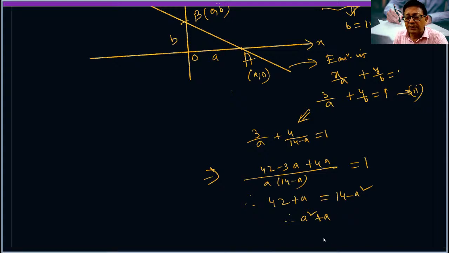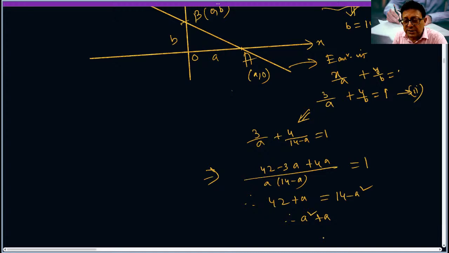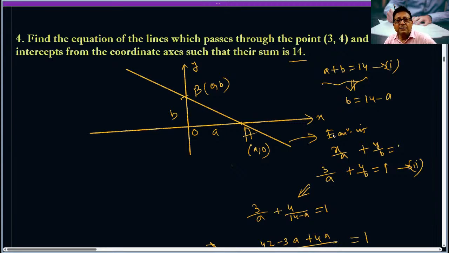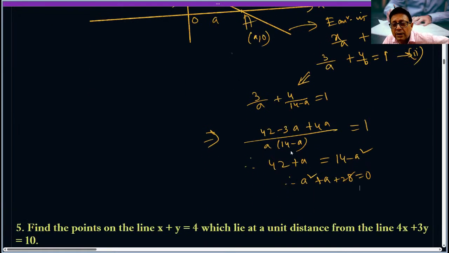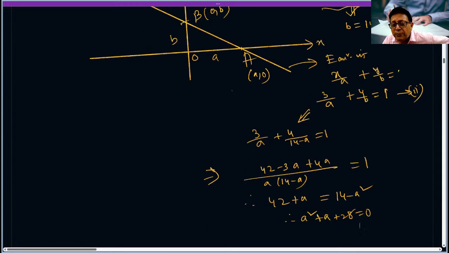Some mistake is there. Definitely some mistake is there. A plus B is 14 and 3 by A plus 4 by B is 1. LCM is A into 14 minus A. So 42 minus 3A plus 4A. 42 plus A, 14 minus A square.